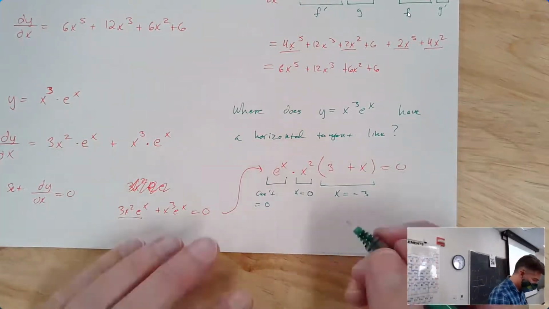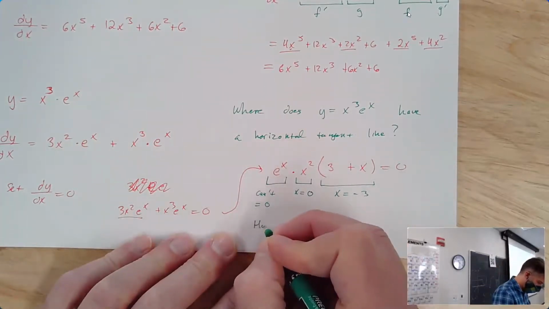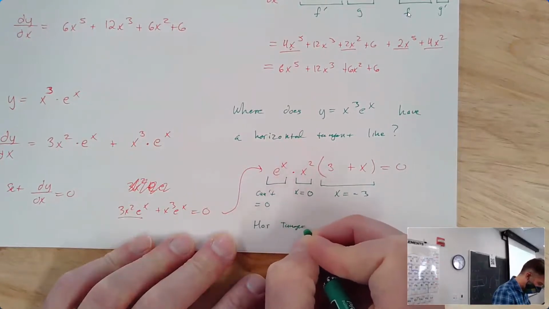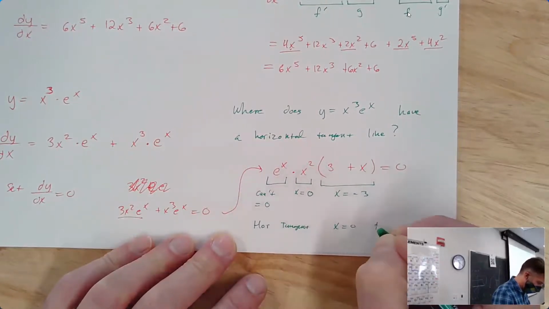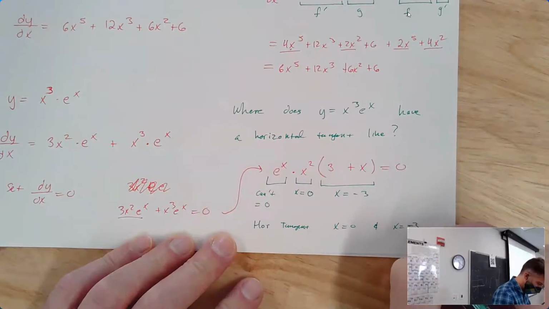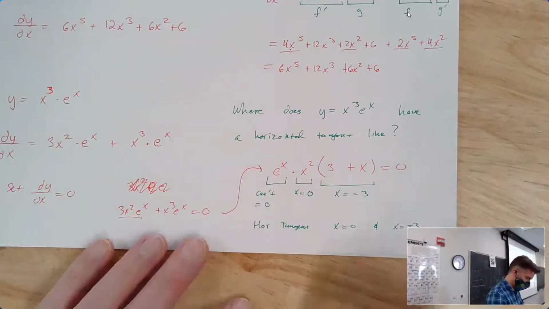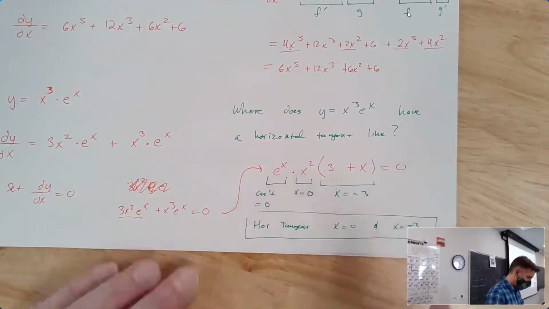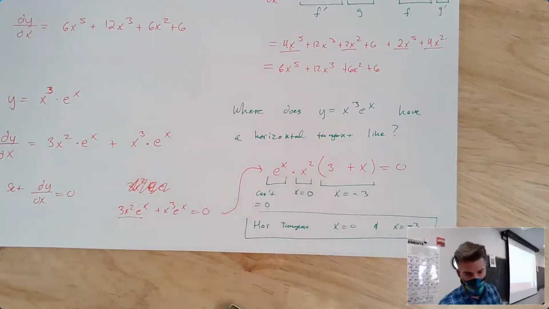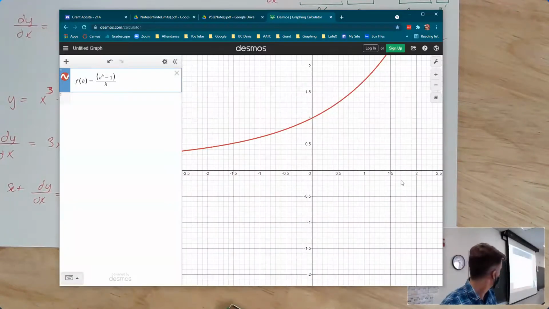So we get two solutions. We have a horizontal tangent when x equals 0 and when x equals -3. And you can actually see that if we look at the graph. If I can get my mouse over there.